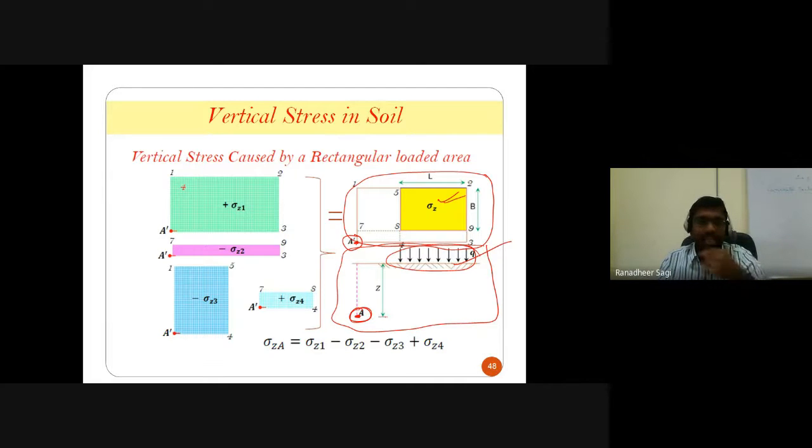If it is falling in the loaded area, we used to divide that rectangle into a number of parts. So the vertical stress developed at that chosen point at a depth of z can be simply represented as stress coming from the section 1 loading area, section 2 loading area, section 3 loading area, section 4 loading area, and so on. But here, the point about which you want to calculate the vertical stress is not falling below your loaded area, it is somewhere else.